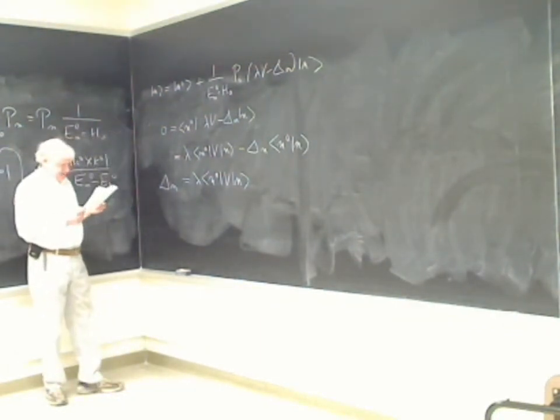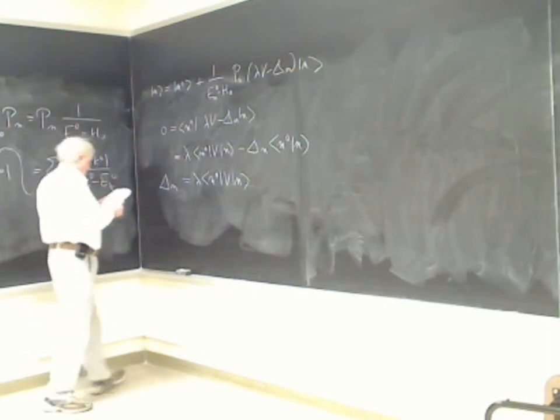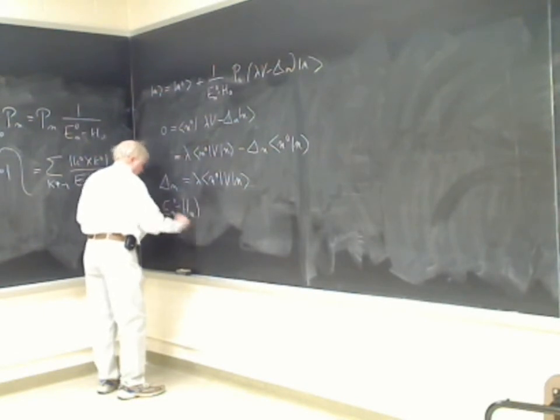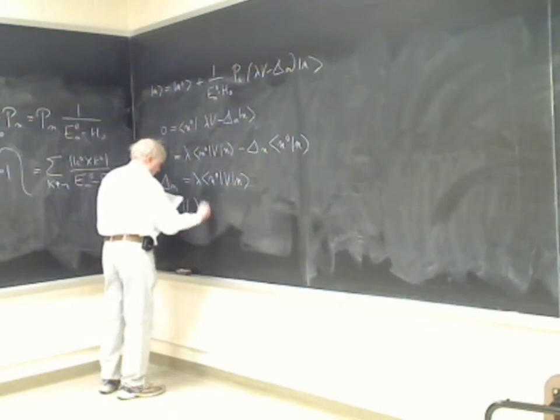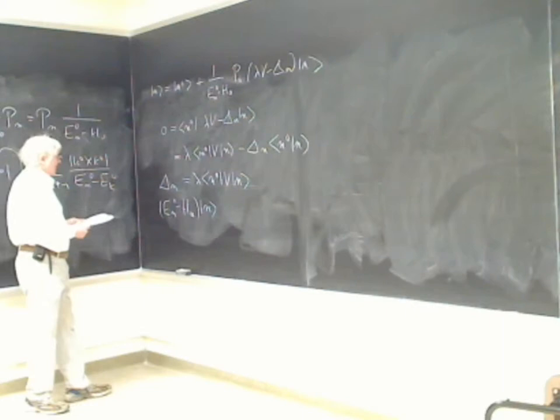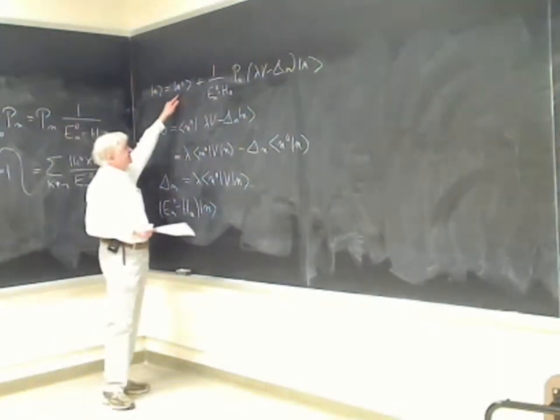And so what we're going to do is take En0 minus H0 on n, and that is going to cancel this first term.